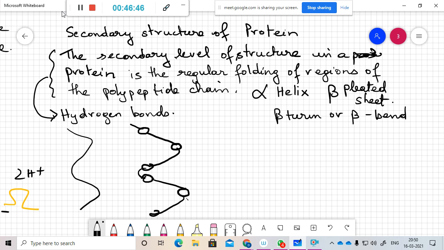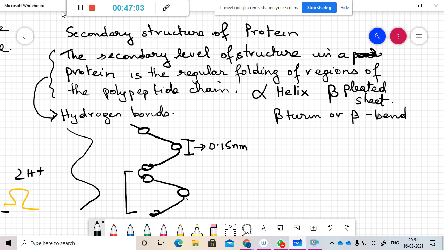So essentially this much is 0.15 nanometer.